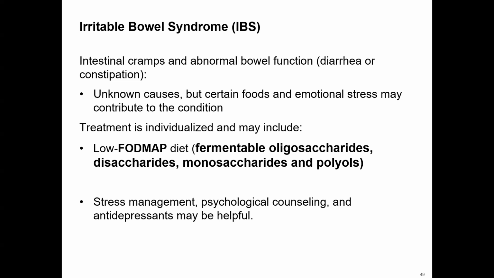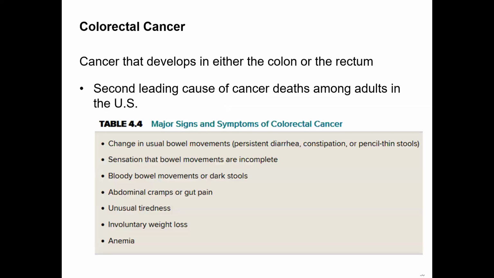Maybe some counseling would be helpful, perhaps even antidepressants, something to relieve some of that underlying stress, and that may help our overall GI tract. It may also be a place to look at: do we need a probiotic? Are we getting enough fiber? Are we getting prebiotics to help with the healthy bacteria that we have in our bodies?